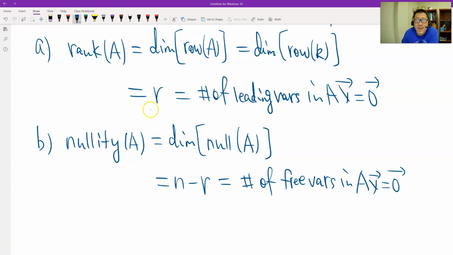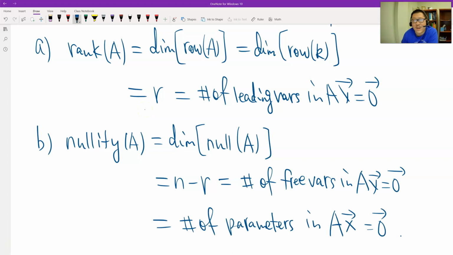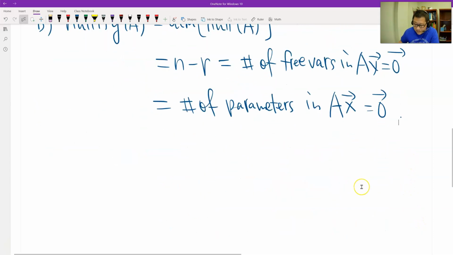Each free variable gives us a parameter. Therefore, this exactly equals the number of parameters in the solution. And you see this should be the proof, right? So the nullity equals the number of parameters in the general solution space of AX equals 0. Let me give you an example.